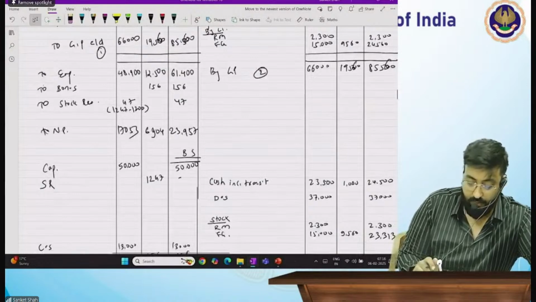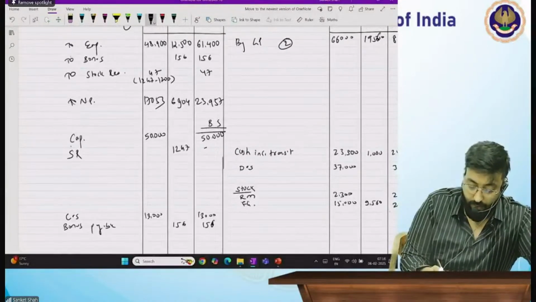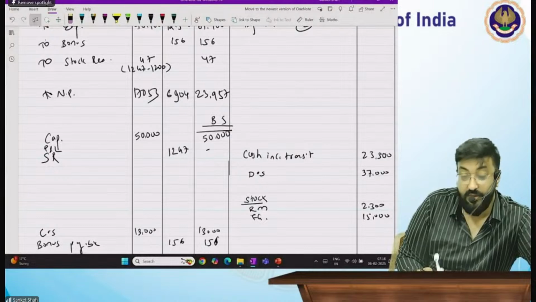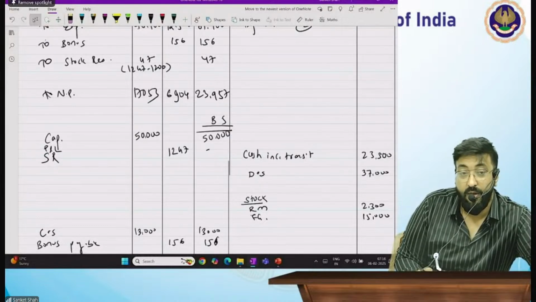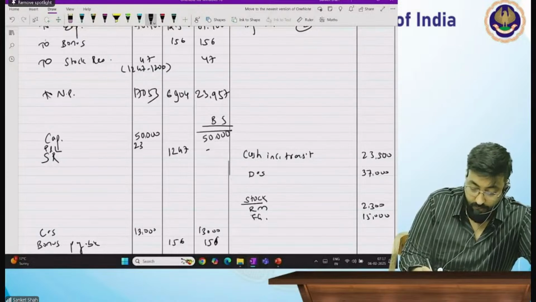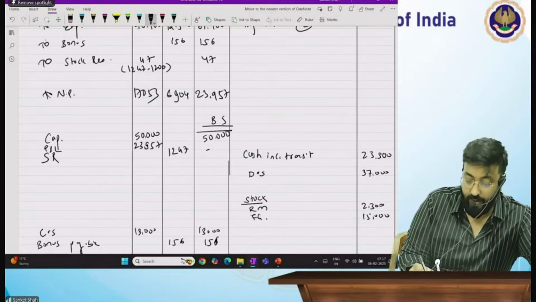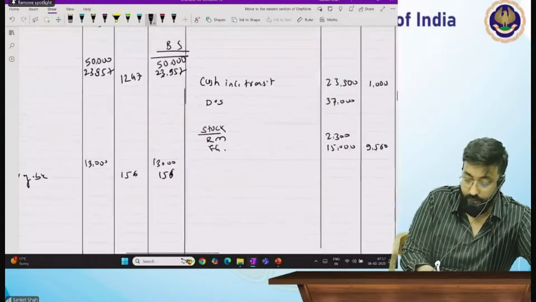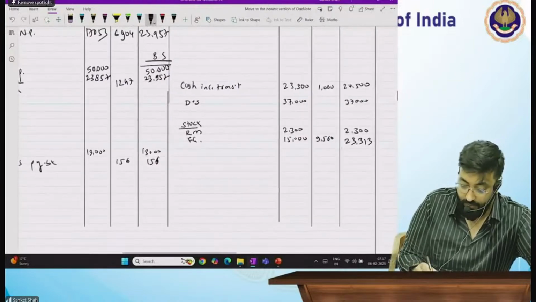Correct? Yes, sir. And in the profit and loss account, are you going to write 17,500, 53,690? Yes, sir. Will we combine HO and branch columns or write directly in total here? Directly, sir, in the HO column, no? Yes, sir, HO column. Now first, what are you going to tally?